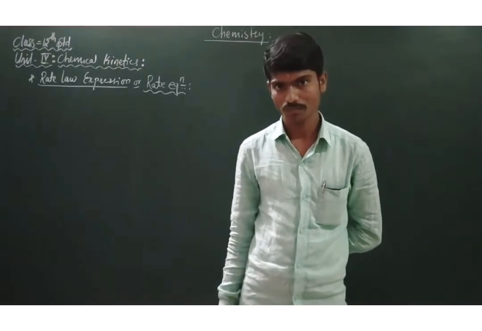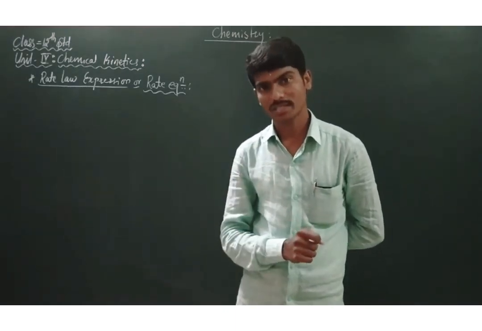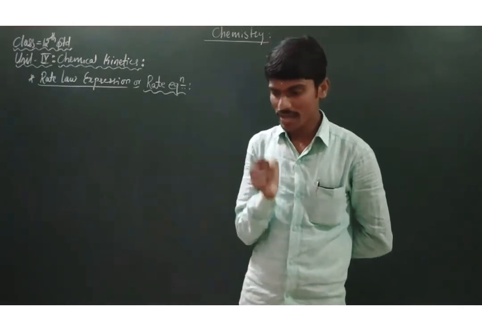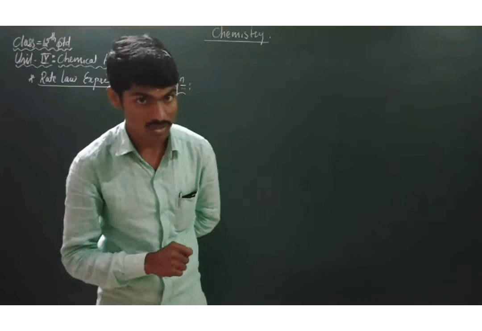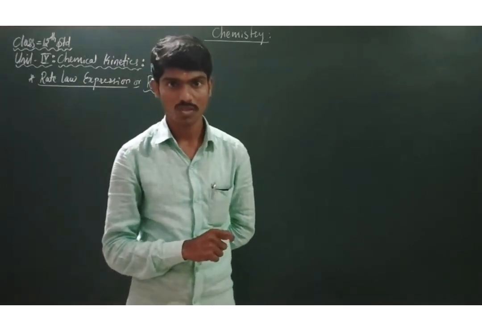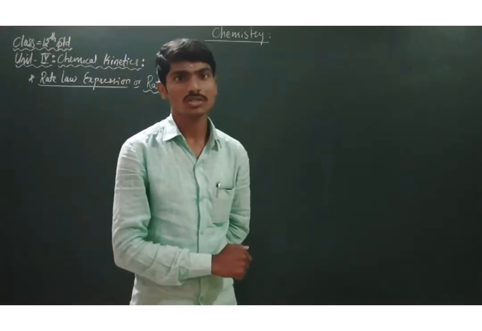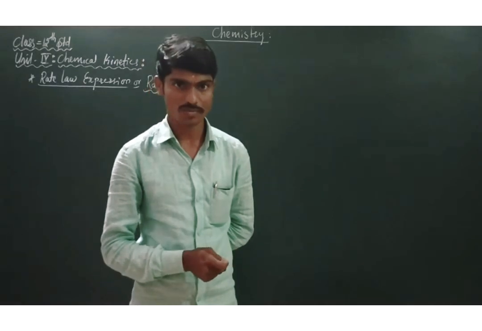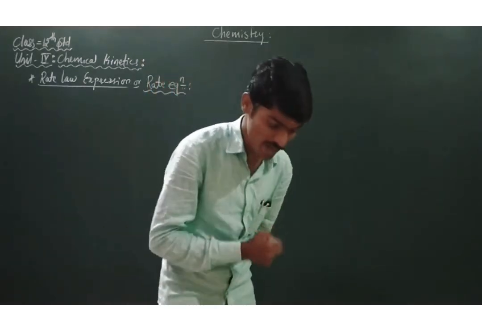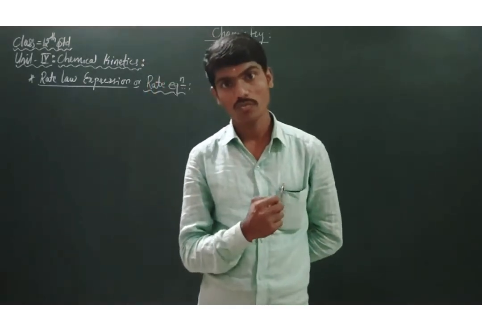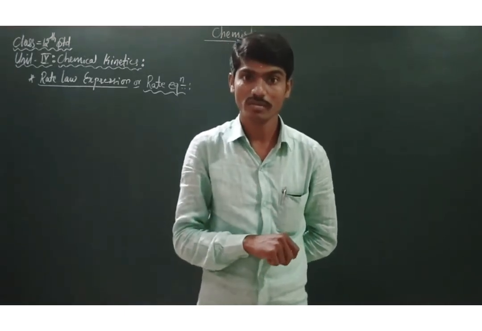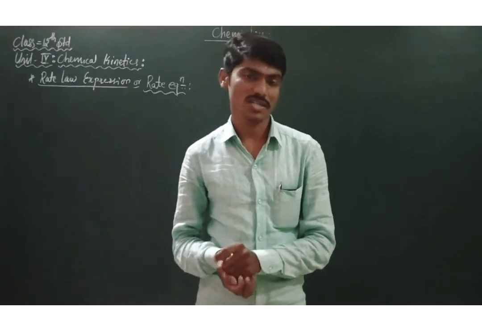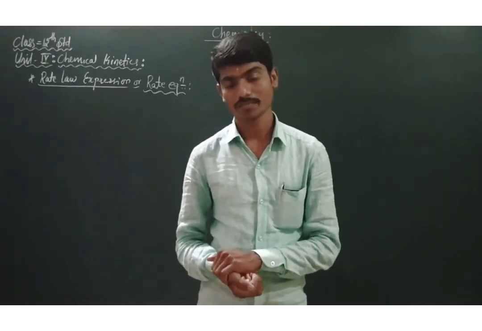But in order to predict the relation between rate and the concentration of a particular reacting species, it is very essential to do some experiments. Based upon the experiments, we determine the relation between the rate and the concentration of the particular reactant.